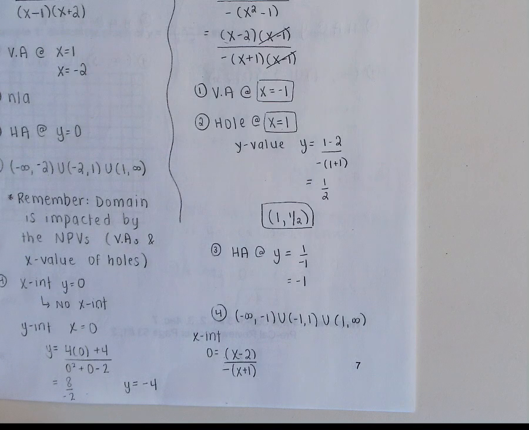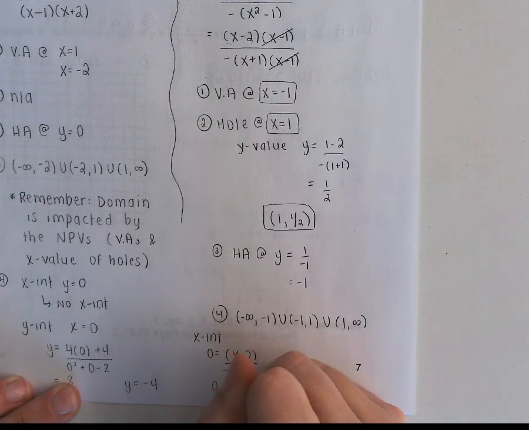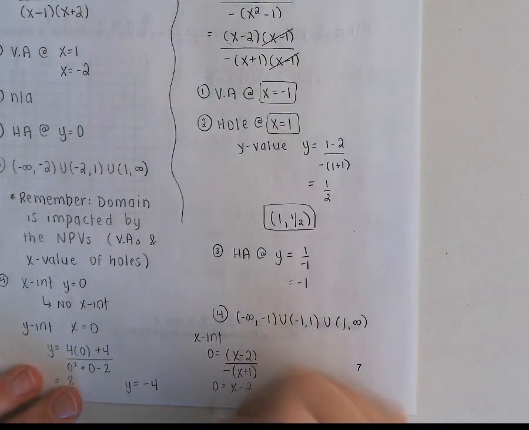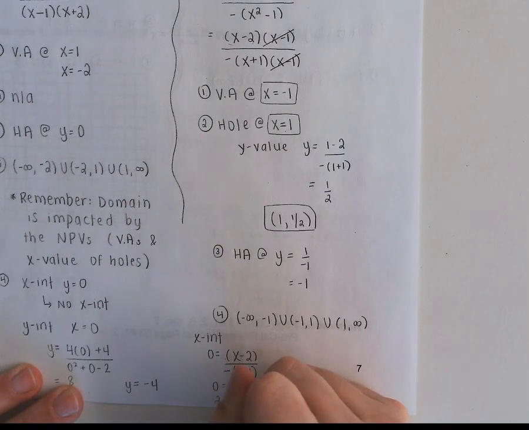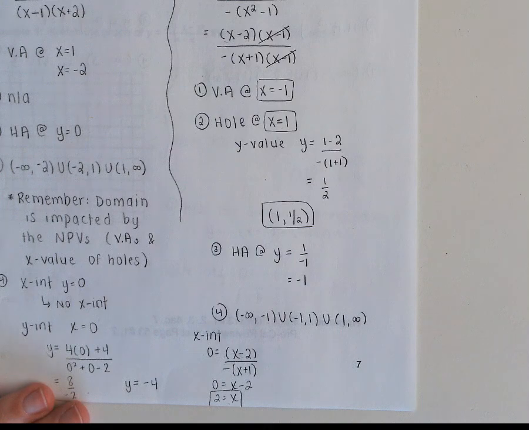And what you'll notice here is that my first step would be to try and get x by itself. I could multiply this side by 0. So all that this means is that ultimately the top has to be equal to 0. So 2 equals x would be my x-intercept.